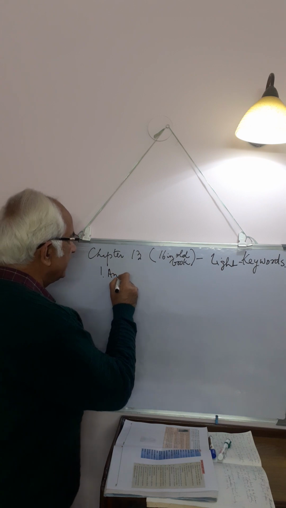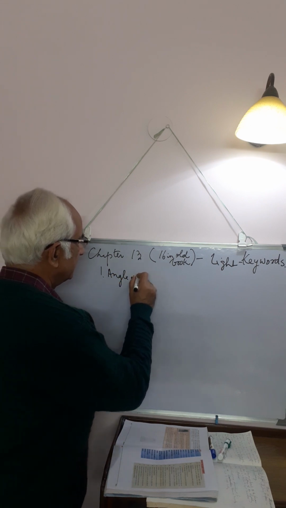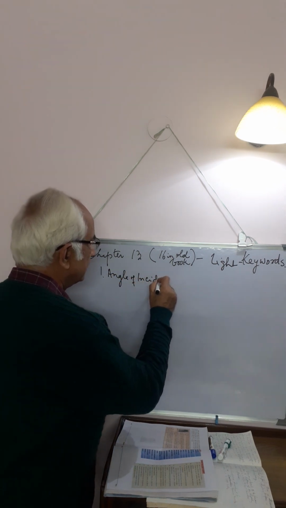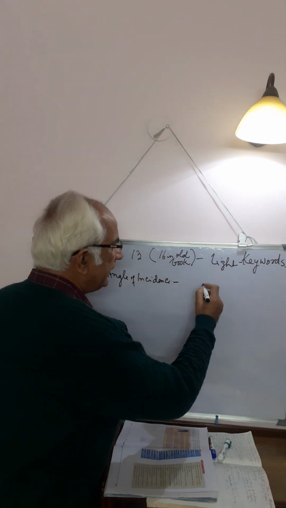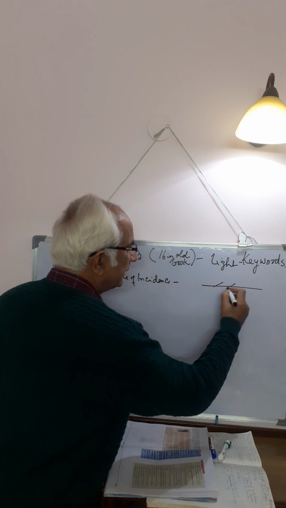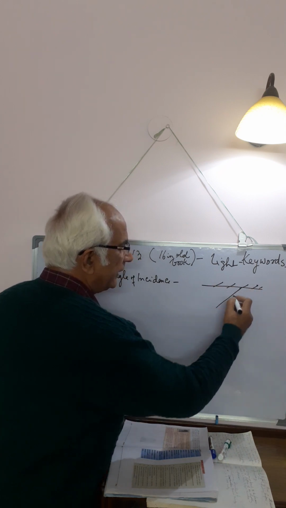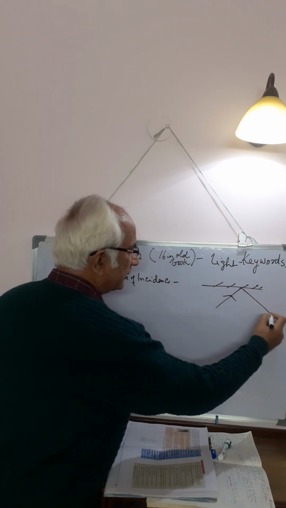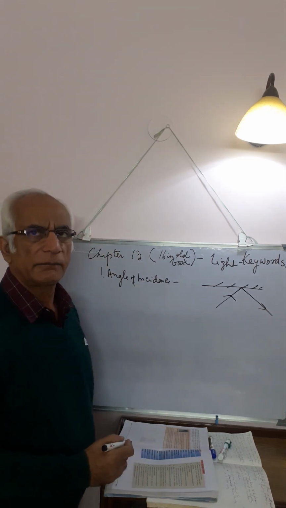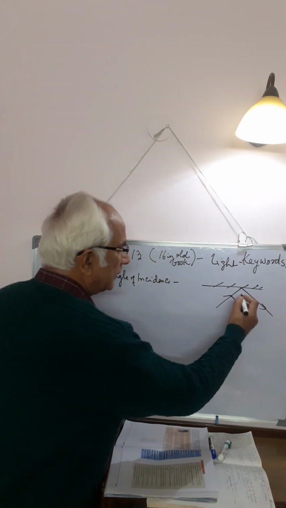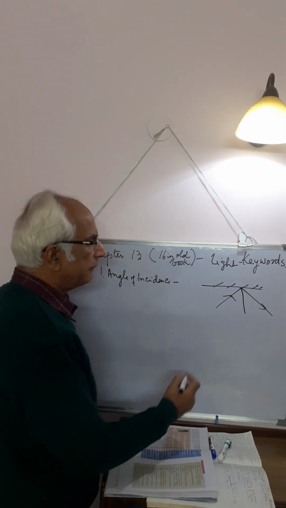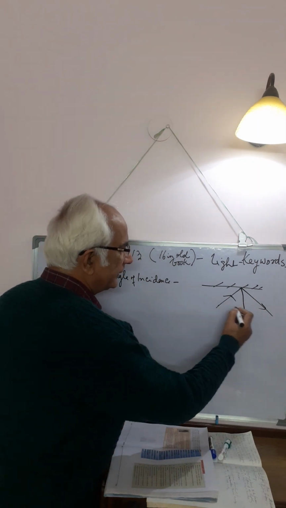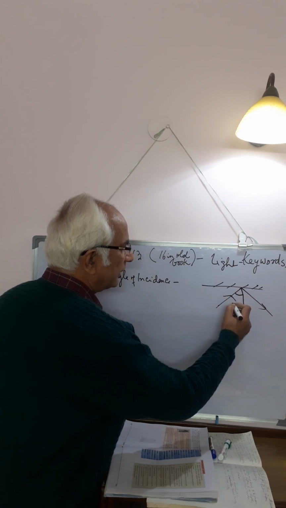Angle of incidence. So when a light ray strikes a surface, it bounces back. And if we draw a normal at the point of incidence, then the angle between the incident ray and the normal is called angle of incidence.